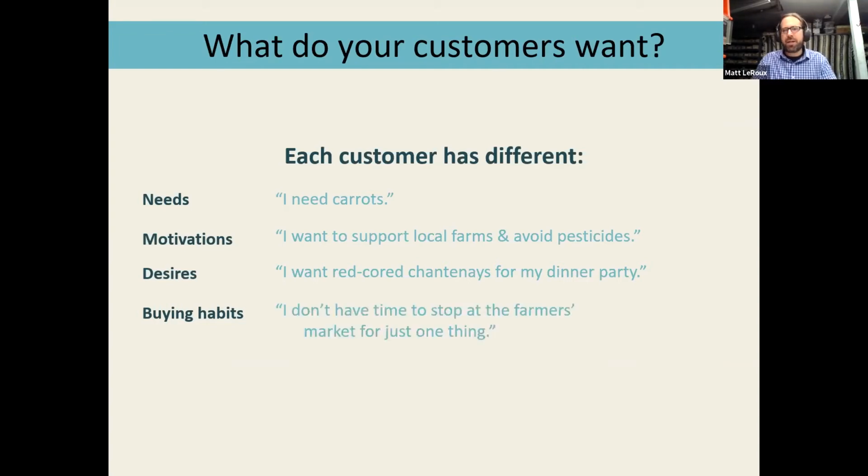And then you have the buying habits, which, like I said before, are very practical. So, I don't have time to stop at the farmer's market for just one thing. So with this target customer, we can grow the carrots and we can package them right and we can describe them right, but we are also going to have to get the product placed in a place where they're going to shop. So maybe that's having a roadside stand on a major commuter road.